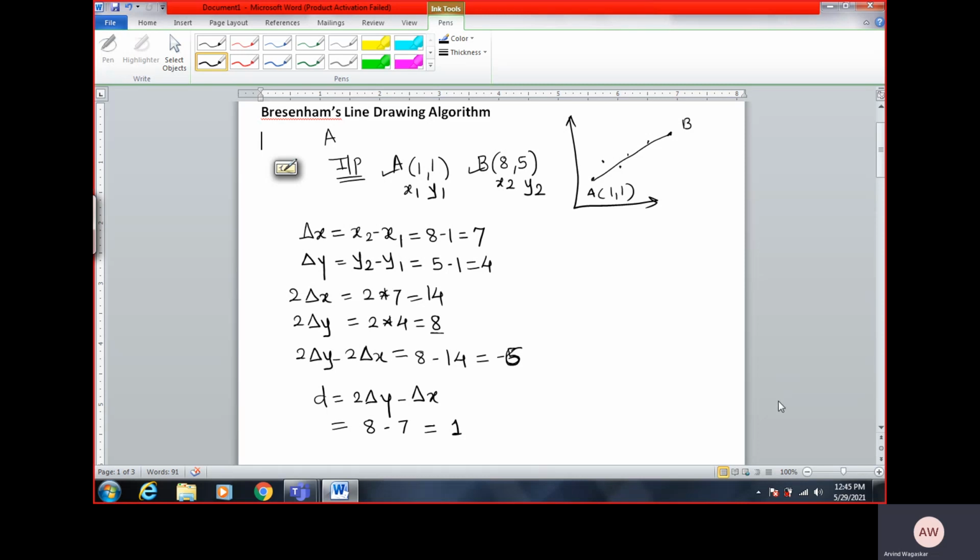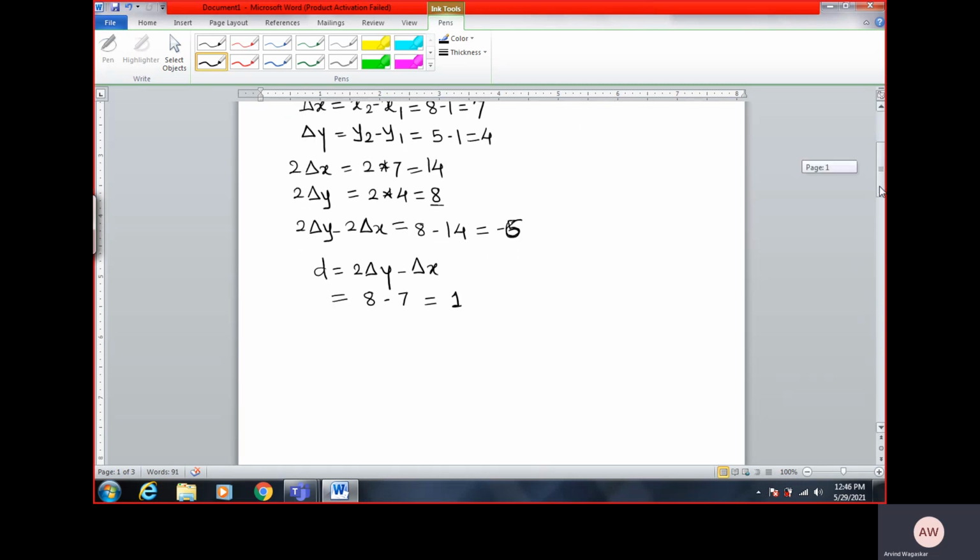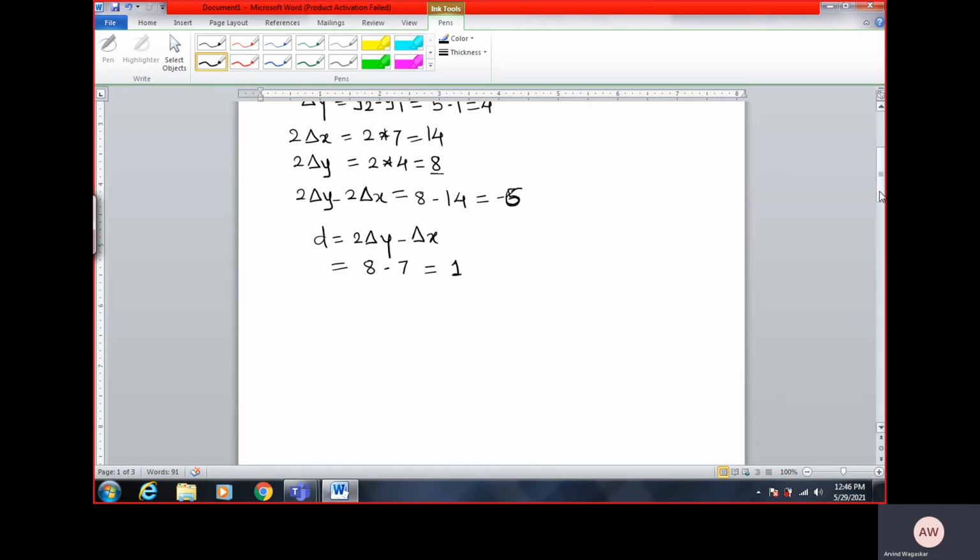Now based on all these calculations we are going to find the next points. You start with k equal to 0. At that time my x and y is your initial point. What was your initial point? It was 1, 1.